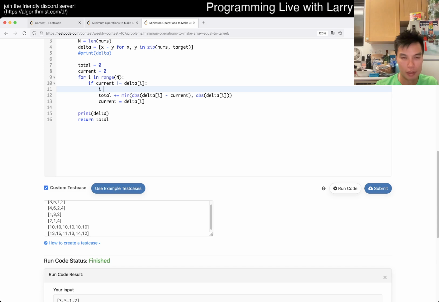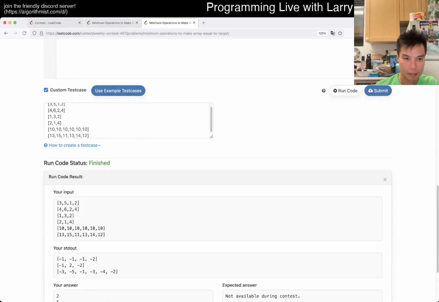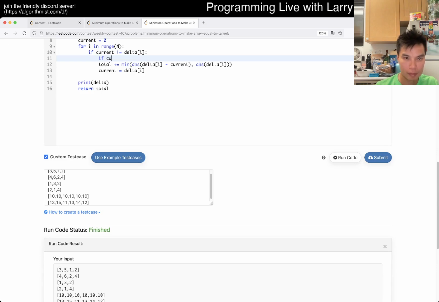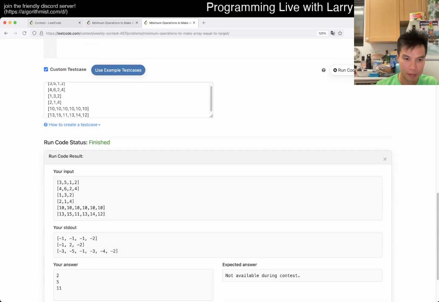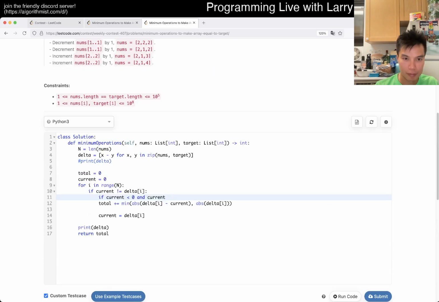Delta, if current is less than 0 and current is... I don't know if this is like even a reasonable idea.